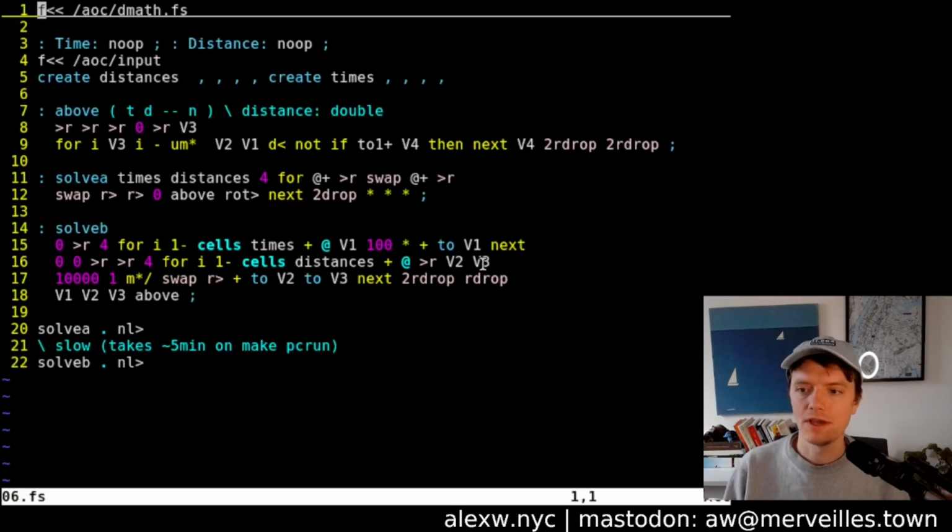So this one took me a while, and the main challenge that I had was that you need 64-bit integers. If you actually look at the input, I'm not going to show my input on screen because the creator says don't do that. You end up with a distance that is a 64-bit number.